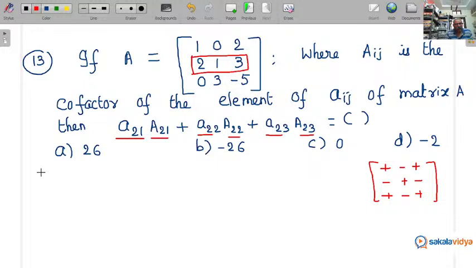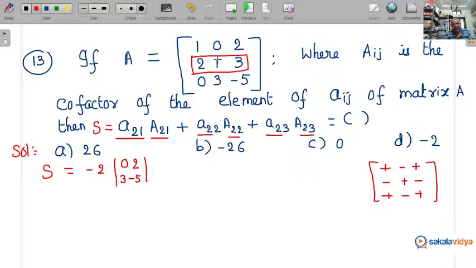So say this value is S. S is equal to a21 which is 2, the sign is minus, so minus 2 into the determinant of deleting this row and this column: 0 2, 3 minus 5.